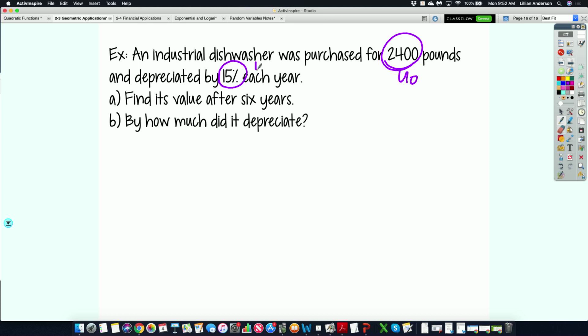We know we're going to have to do 1 minus this to get our rate. And so to find this value after 6 years, that means we're going to plug in what for N?